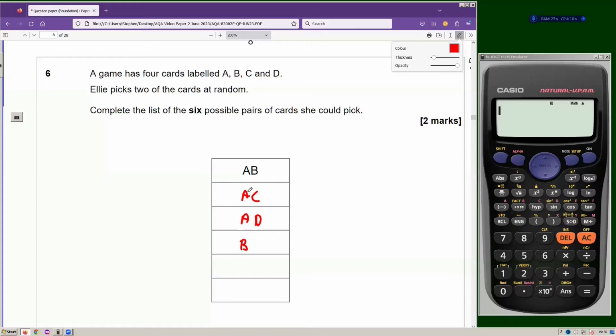We've got AB already, so it's got to be BC, and then BD. That's that. Then we look at C. Starting with C, we've obviously got anything with B and A's already in it, so the only one can be CD. I think that's all of them. We're not worried about the order. If it was order, then we'd end up with 12 instead. So I think that's it.